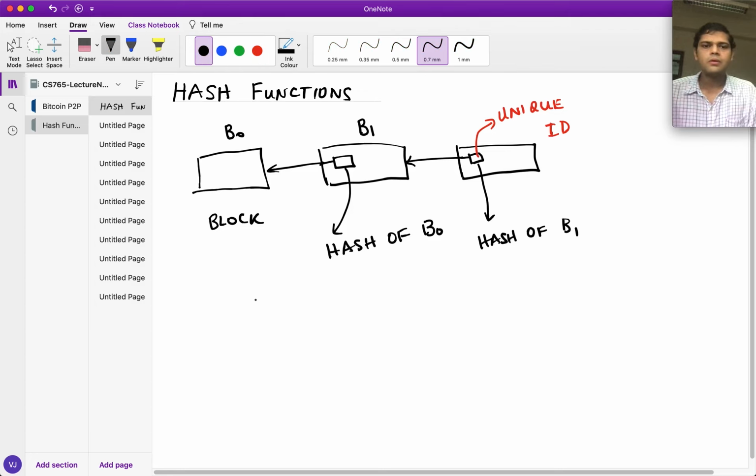So how exactly do we do this? Let's first begin with some properties of a hash function.